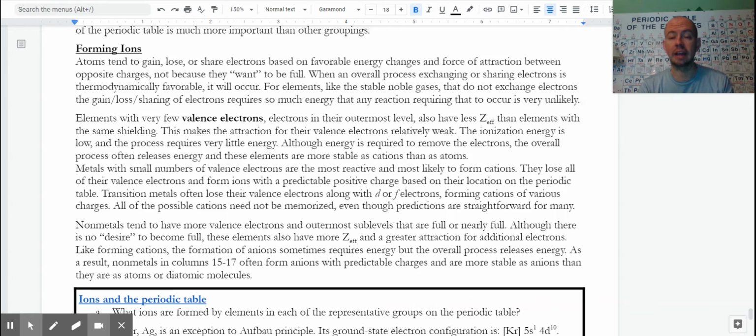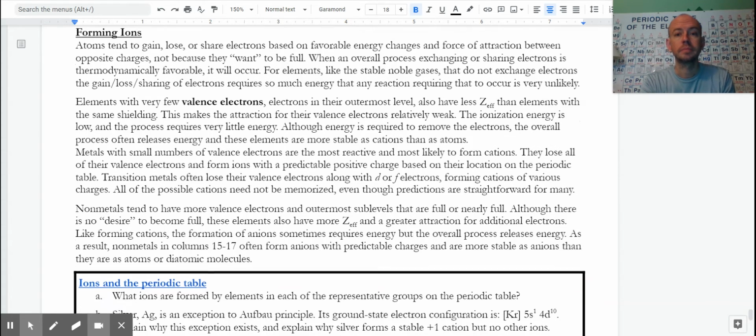The things that don't react, like the noble gases, don't react not because they're full, not because they don't want to, but because so much energy is required to make that happen that it is very, very unlikely. It goes from a stable place to a less stable place by putting in so much energy. We shy away from, in explanations, the want to gain, want to lose, want to stay the same, and favor the language of favorable, or more likely to do this, or becomes more stable when this happens.